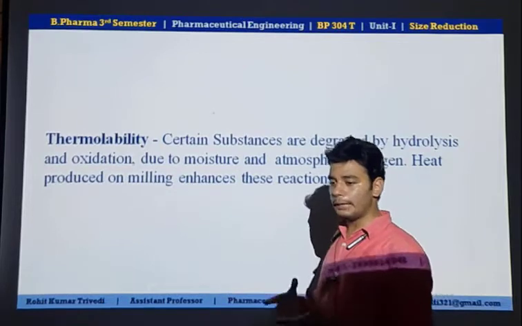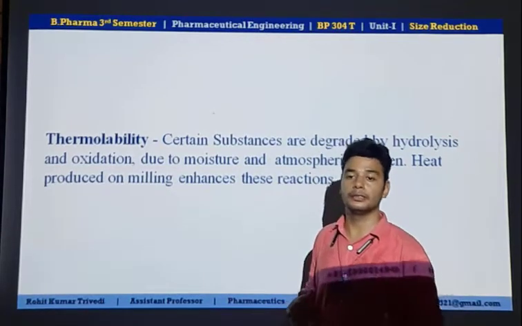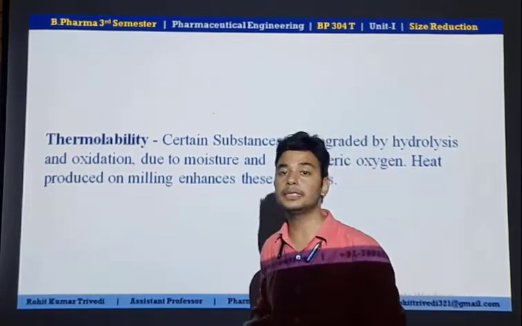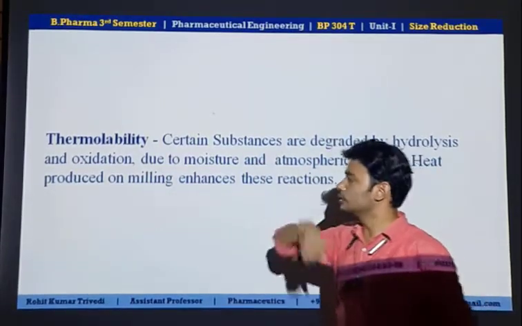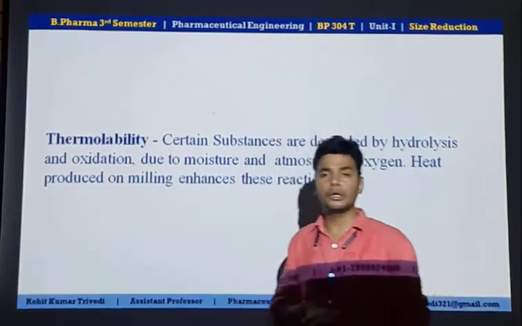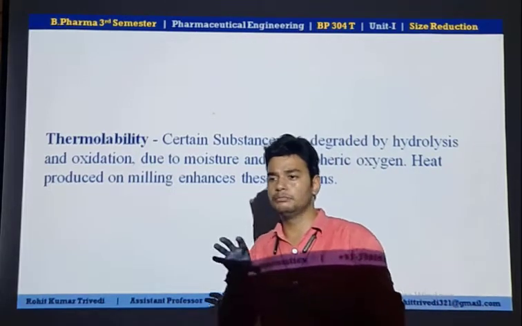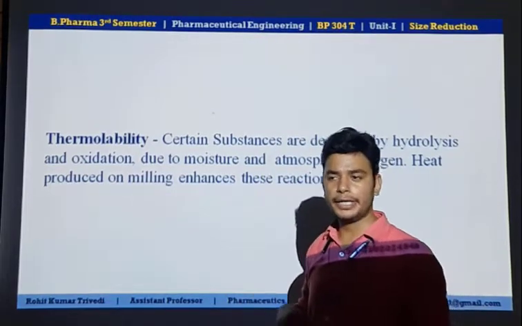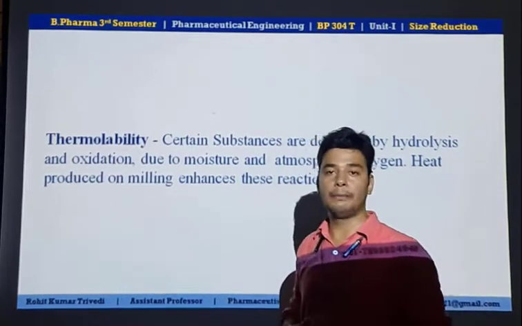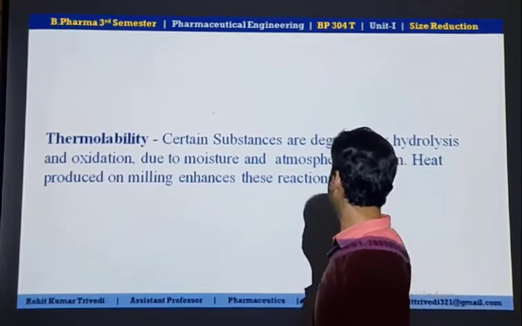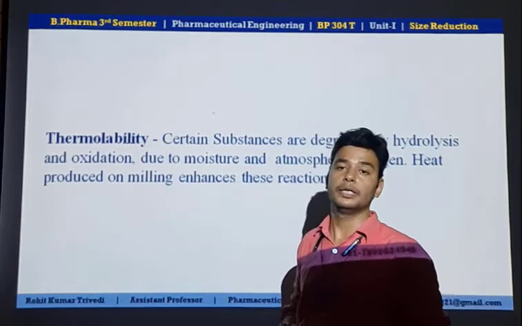Obviously, we know that with temperature, the rate of chemical reaction is increased. We know hydrolysis and oxidation processes are going on. The moisture and the oxygen present in our environment react with the sample, oxidizing and hydrolyzing it.